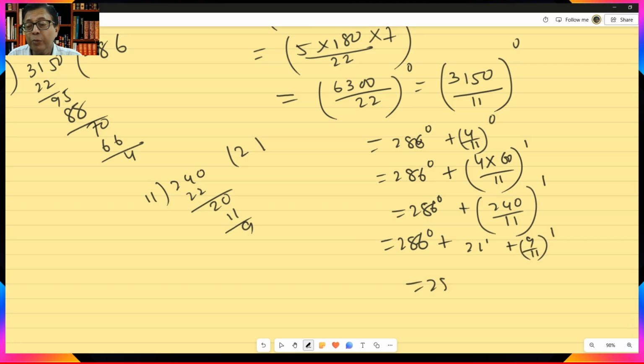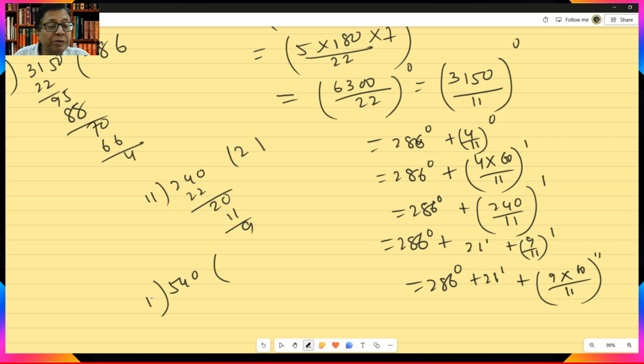Again I have the scope to convert this one into seconds. How to? 9 into 60 by 11 seconds. Isn't it? So this will be 540 by 11. We don't have a smaller unit, so we calculate here only. Finish it here.